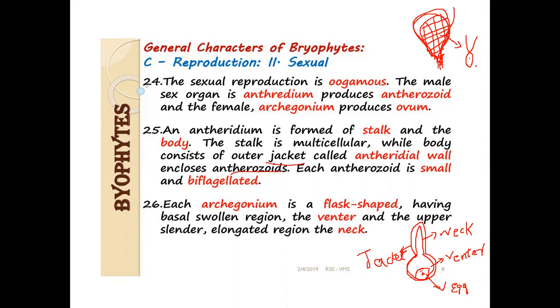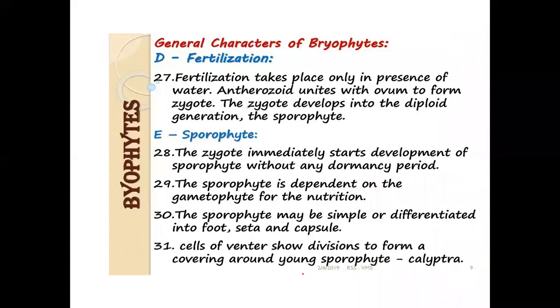Okay, so at the time of fertilization, these antherozoids swim in the water and reach the neck of the archegonium, and from there they enter into the venter, fertilize with the egg and form the zygote.